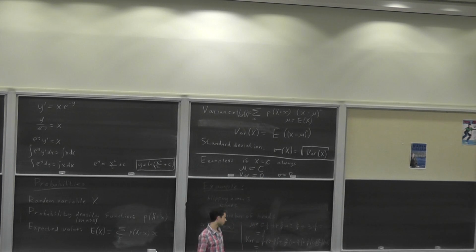And if you open the brackets and compute, it turns out it's 3/4. And finally, the standard deviation is the square root of 3/4, or square root of 3 divided by 2.